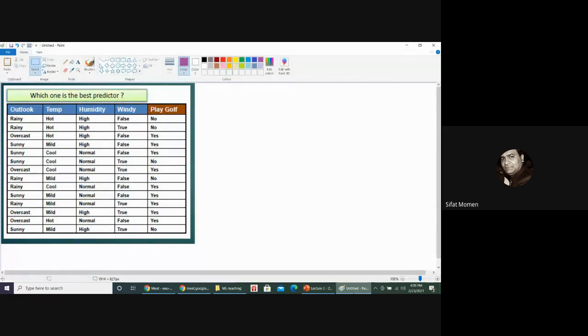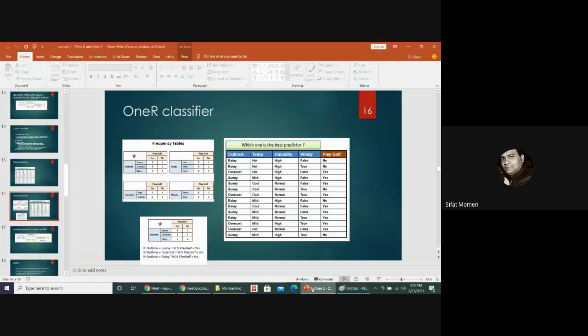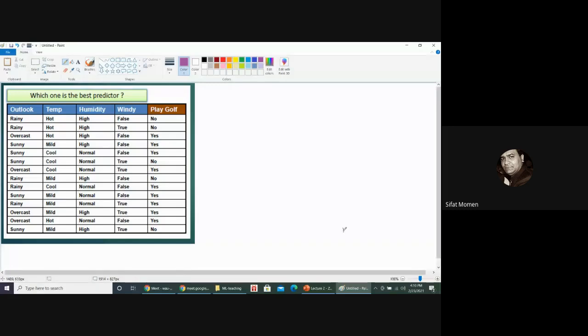So if you look at the Outlook, what is the set of rules that we have created? Remember, if the Outlook is sunny, then what did we do?